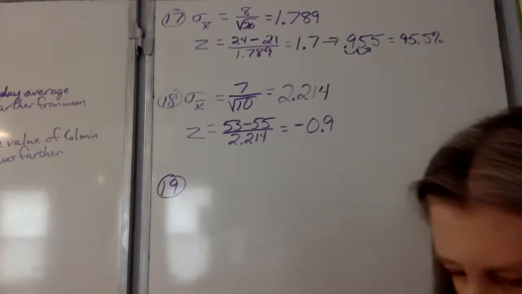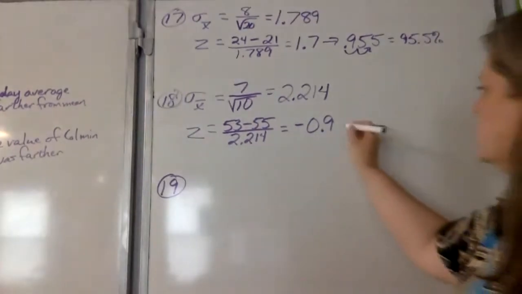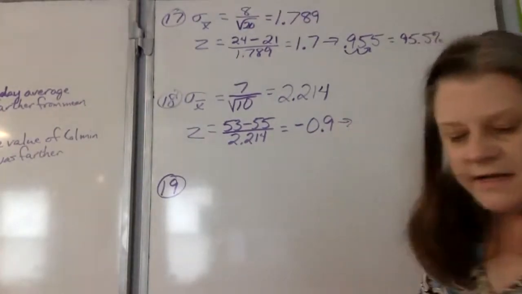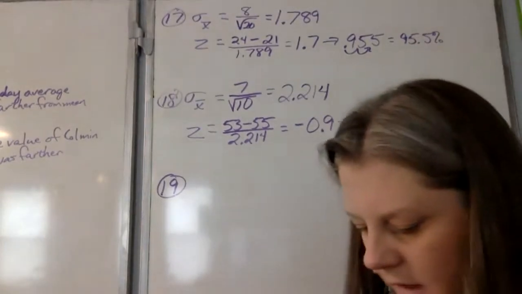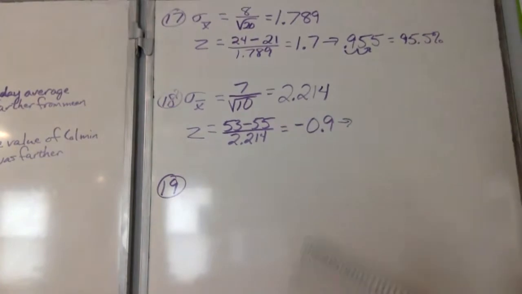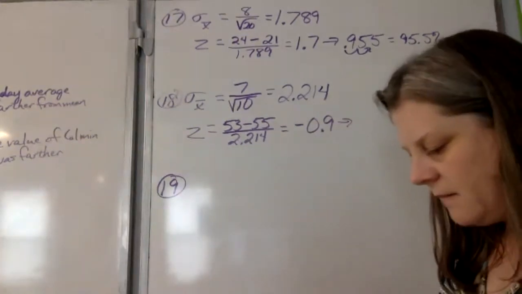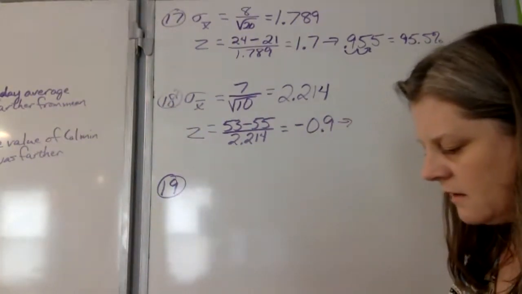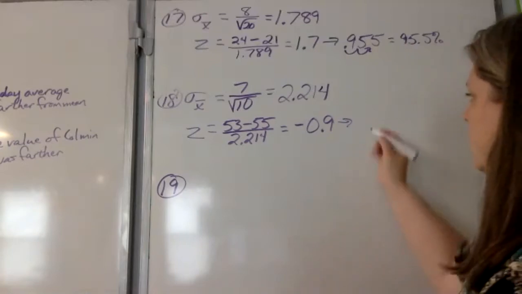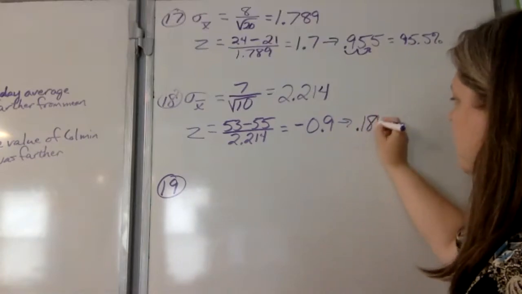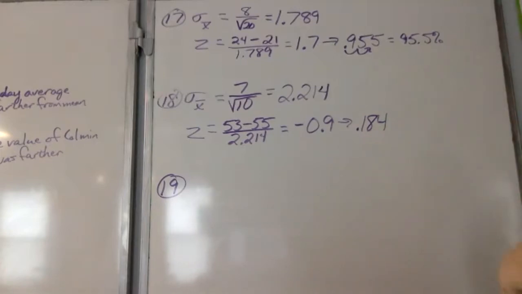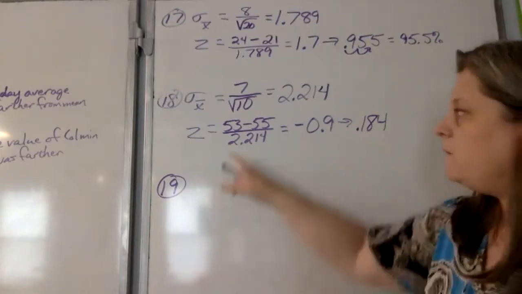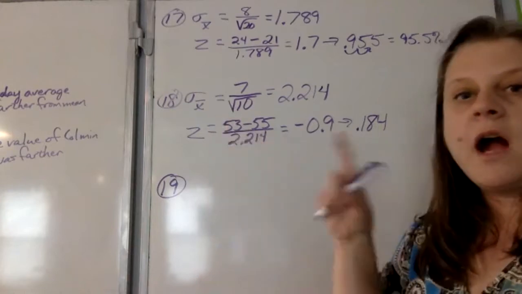Okay, so now when we do this, this is my z-score, so I go to my little handy dandy table. So I go to -0 on the left and 0.9 at the top, and I get 0.184. Now remember, the number you get from the table is below. It wanted to know that they were 53 inches or higher.